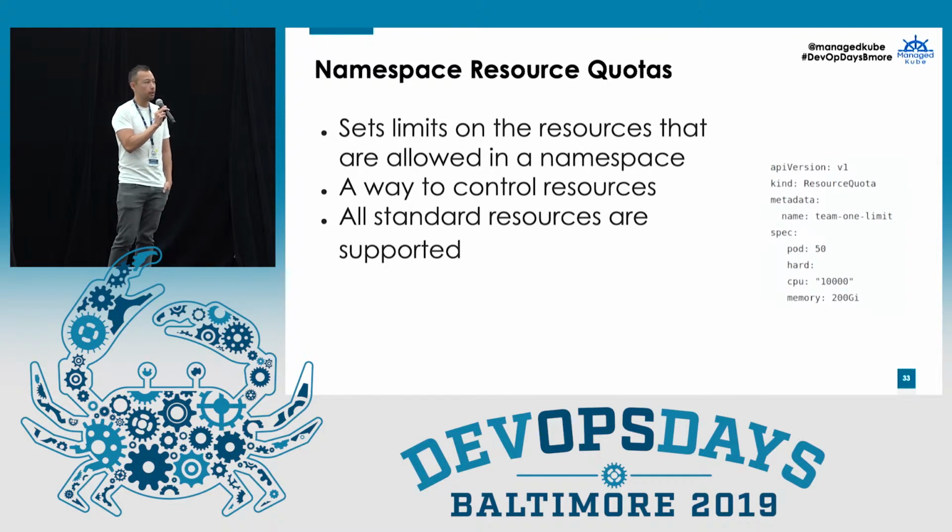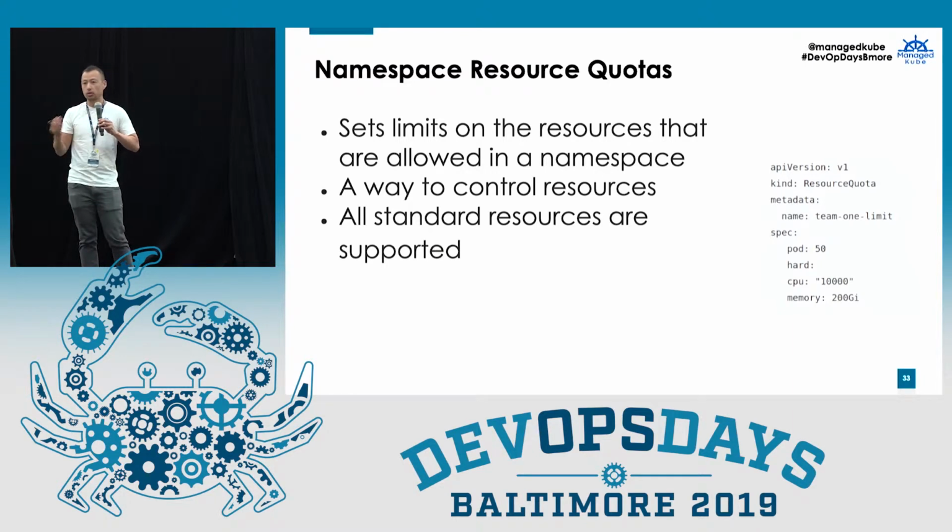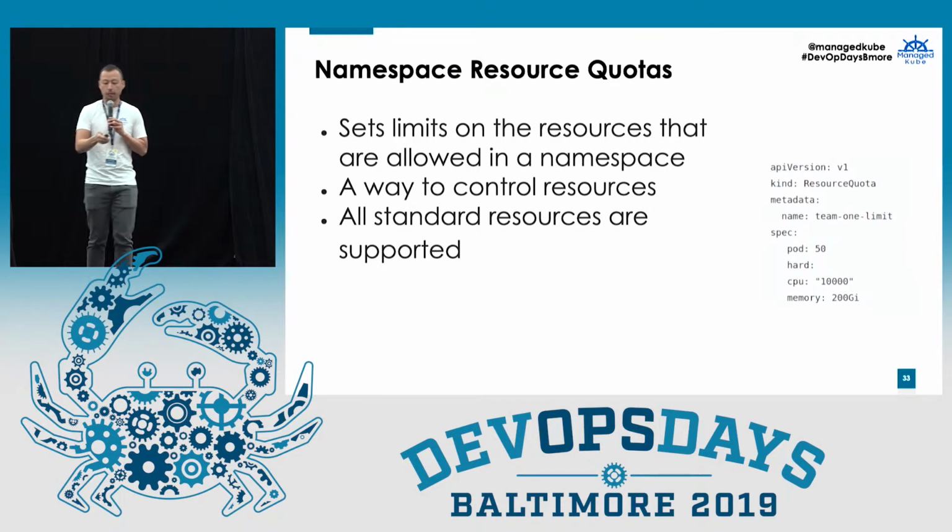However, if you place namespace quotas onto a namespace that your developers have control of, and give it a limit, then it'll go up to this limit and it's not going to go any further. It'll give errors saying you can't do this. So it'll limit how many resources an application can possibly take.